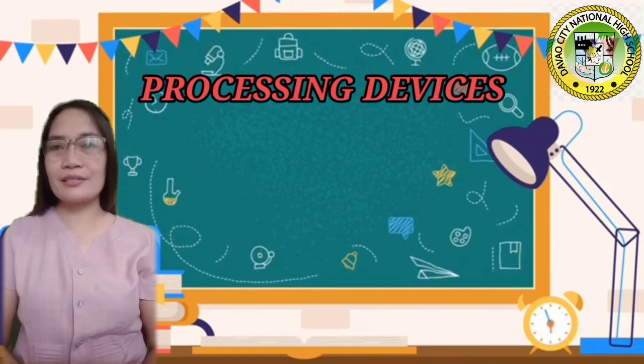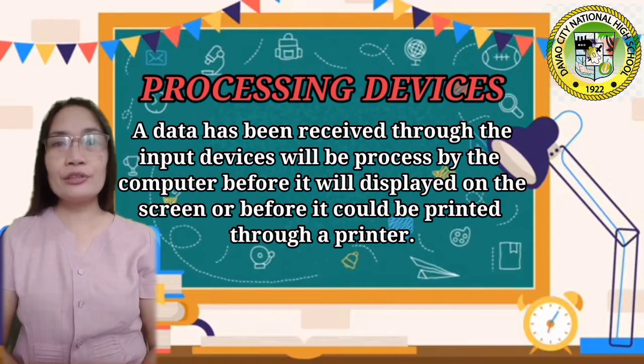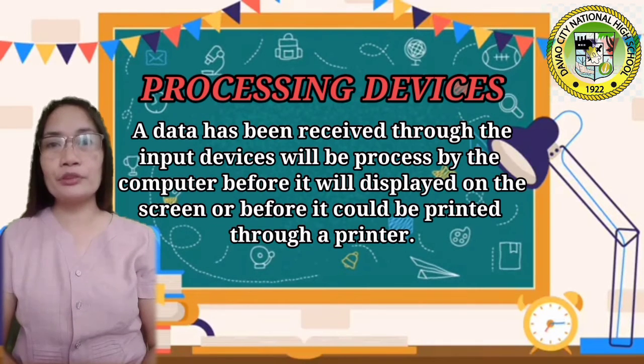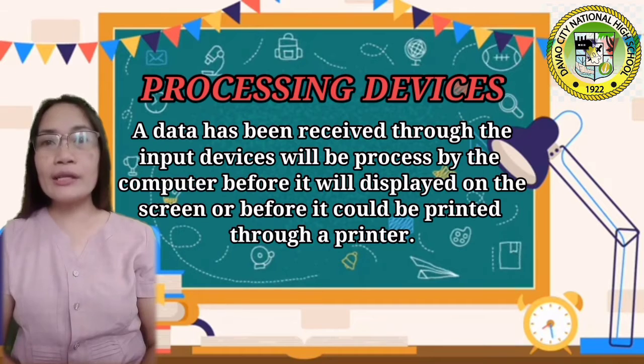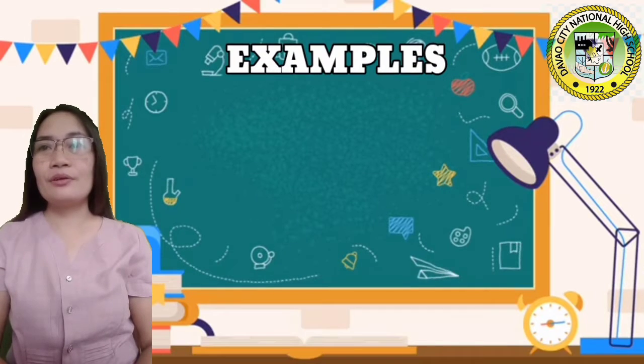Processing devices. Data that has been received through the input devices will be processed by the computer before it is displayed on the screen or printed through a printer. Examples.